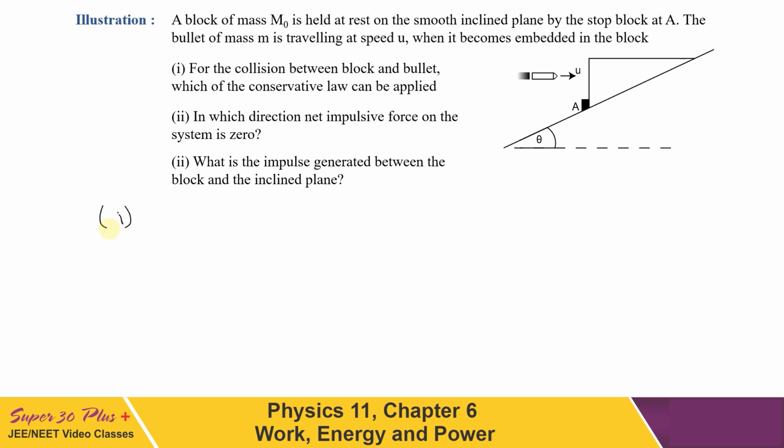Of course, we can write this only along the incline. So along the incline we can write momentum conservation. Energy conservation also cannot be written here, because for energy conservation work done by external force should be 0, though here different external forces are acting on the block. So we can only write conservation of momentum, that is P to be constant along inclined surface.